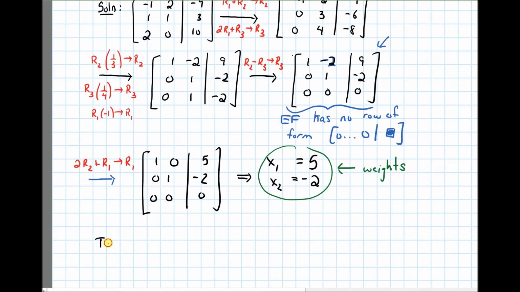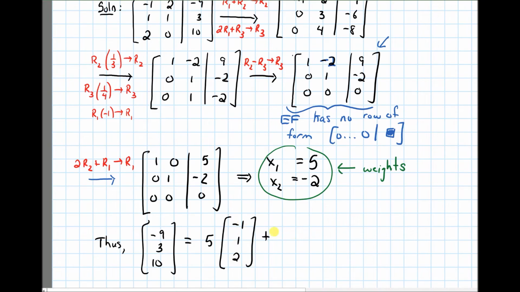Thus, the vector that we began with, -9, 3, 10, is 5 times the first column, -1, 1, 2, plus, sorry, I should write minus because I have a negative number, -2 times the second column, 2, 1, 0.